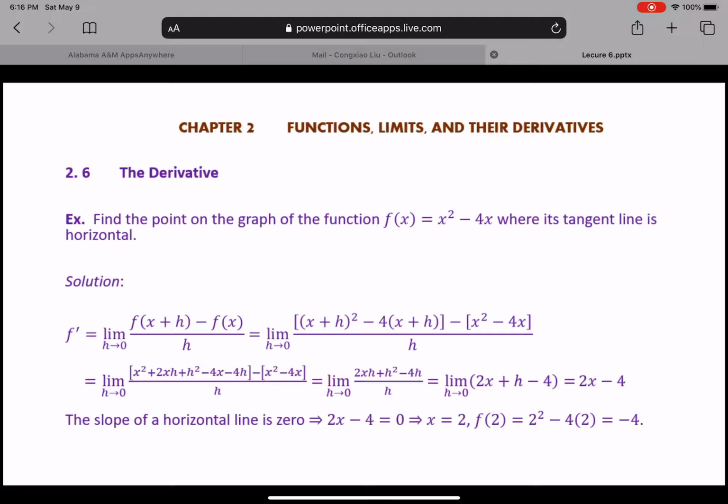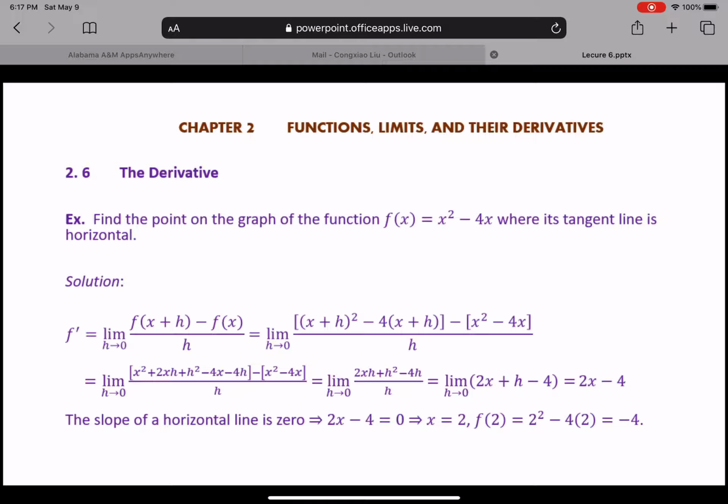So remember, the slope of the tangent line is the derivative. So if we can find the derivative of the function, then we find the slope of the tangent line, and then we can set that equal to 0, because we're asking to find the horizontal tangent line.